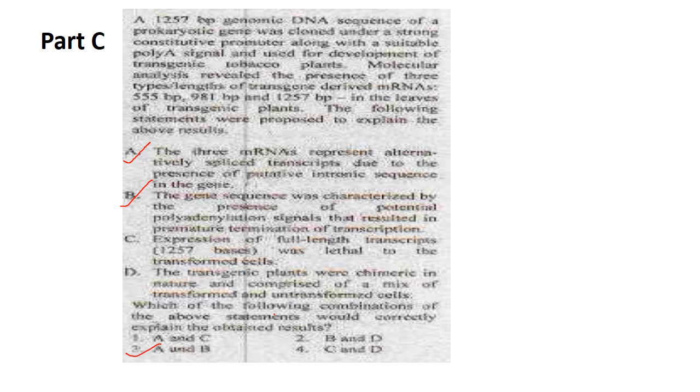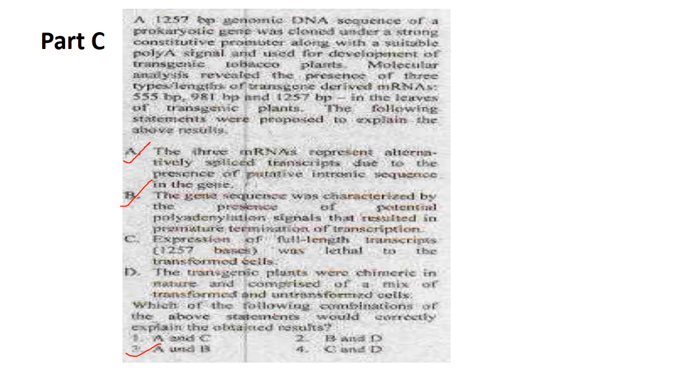Molecular analysis revealed the presence of 3 lengths of transgene-derived mRNAs: 555 base pair, 981 base pair and 1257 base pair in the leaves of transgenic plants.